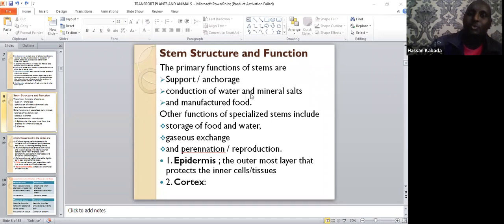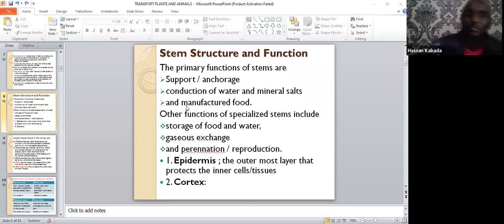Then it conducts water and mineral salt up the plant. This water the roots have just absorbed cannot fly or go through vacuum to the leaves. So they are conducted through the stem. So the other function of the stem is to conduct water and mineral salt up the plant.